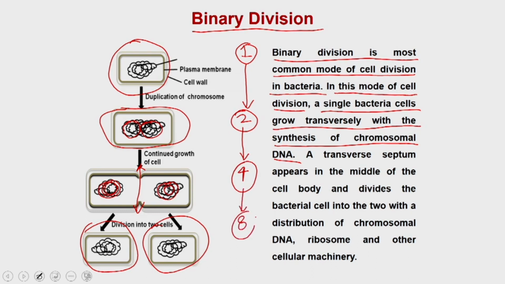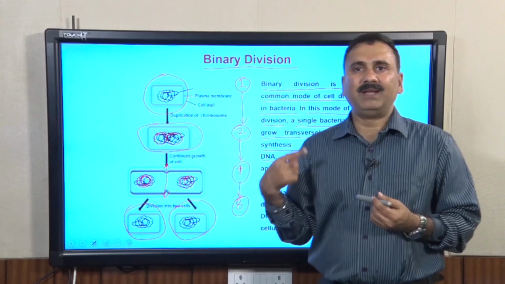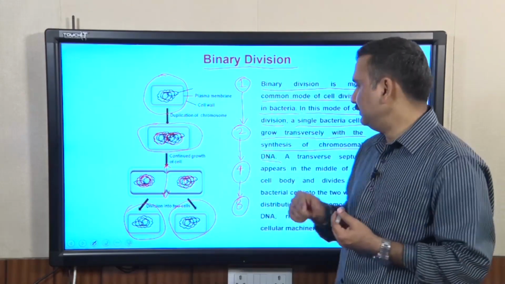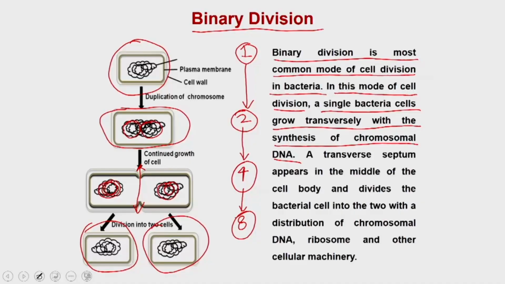So, binary division gives you duplication of bacterial cells as the number of cycles continues, and once you have the daughter cells, they will again grow and synthesize the proteins and other biomolecules which they need to run their metabolism.